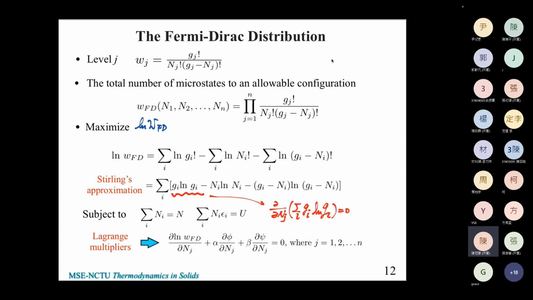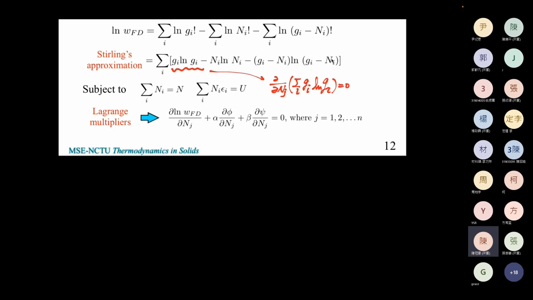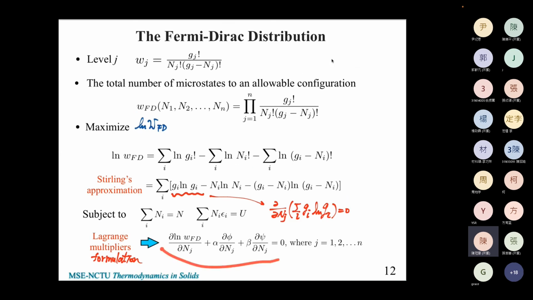So the Lagrange multiplier function will look like this formulation. Okay, so everything becomes easier.